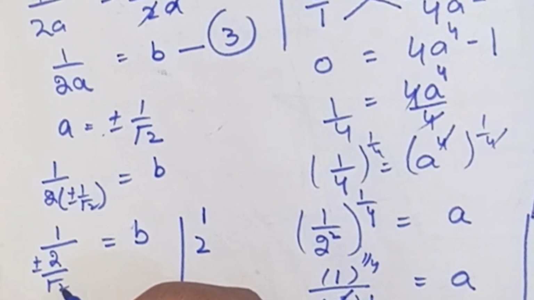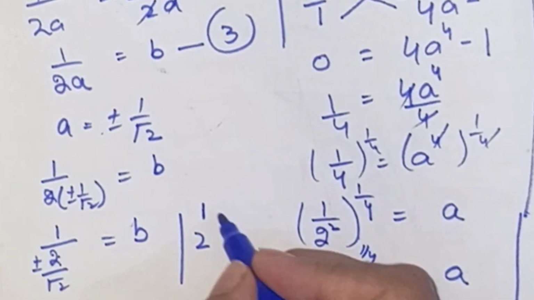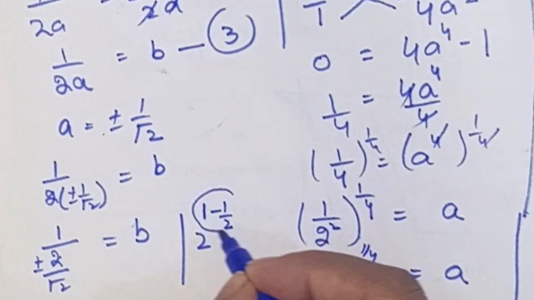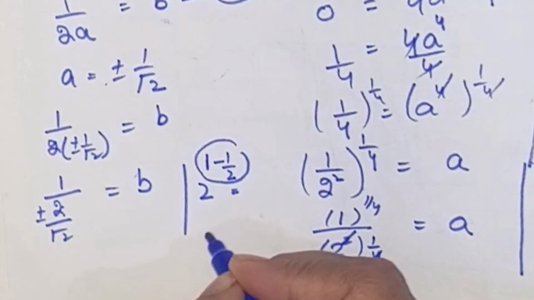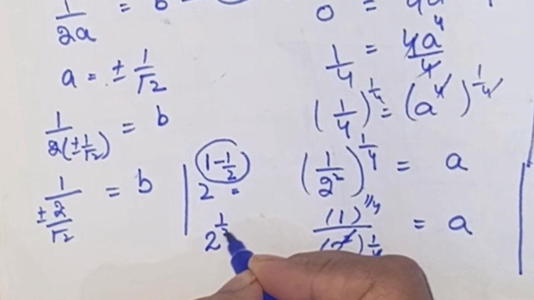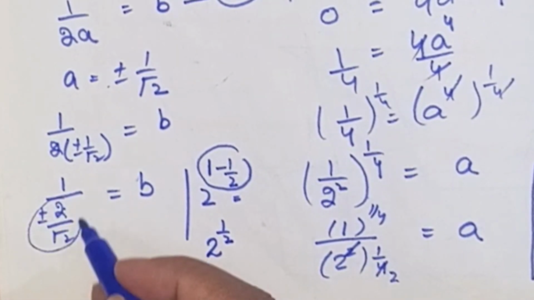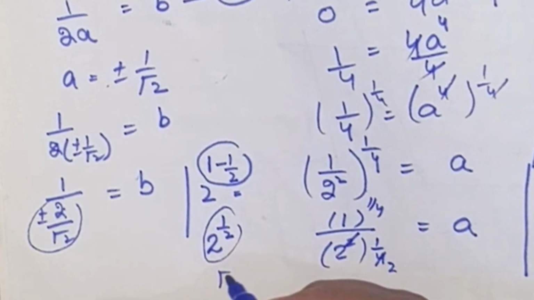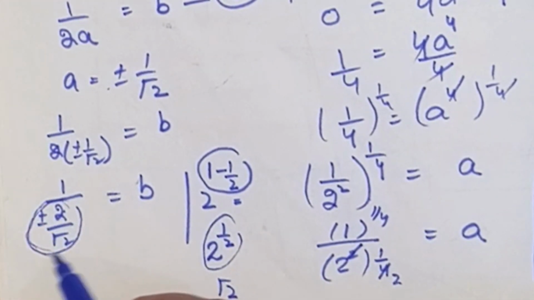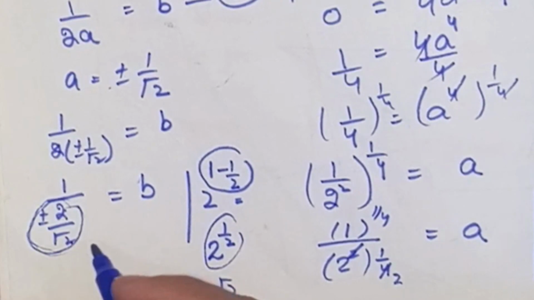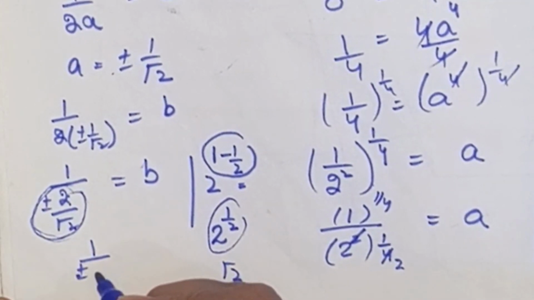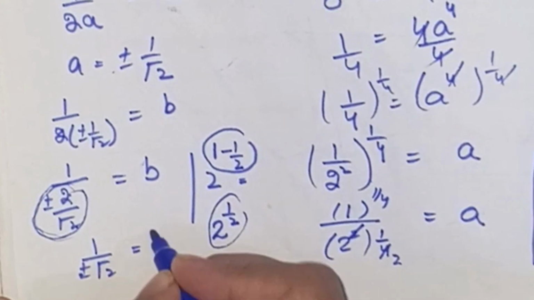If we shift this 2 to the numerator, then it is minus 1 over 2. So we take the LCM of this part, and we get 2 raised to the power 1 over 2, and this is equal to square root 2. So we write this as 1 over plus minus square root 2. This is equal to b.